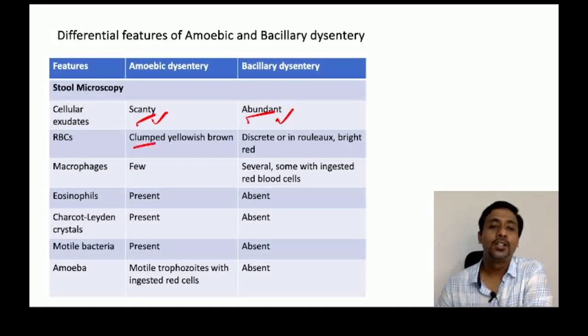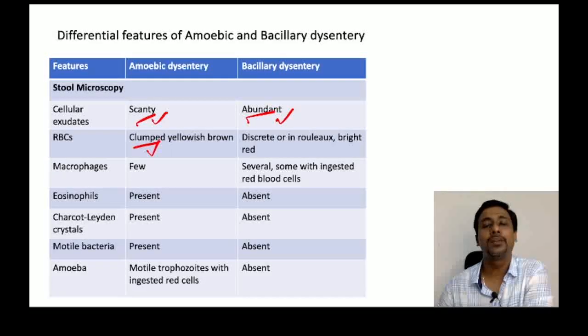RBC. Again, if you remember, as I told you, the trophozoite feeds on the intestinal epithelial cells and submucosal cells, and it also feeds on RBCs. If you remember, the trophozoite does erythrophagocytosis. Because of these two reasons, the RBC cell membrane gets damaged, so they will clump together.